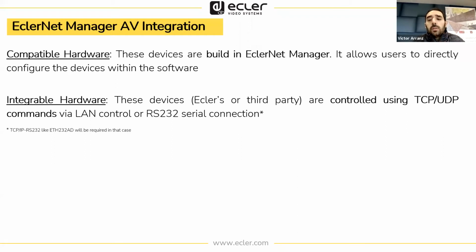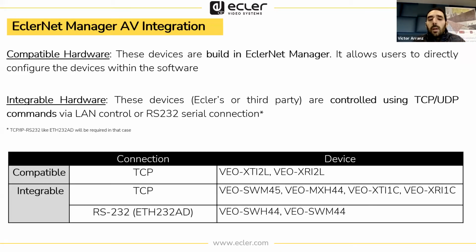On the other hand, integrable hardware are devices that can be controlled using EclerNet Manager but are not natively included in the software. We control them through TCP/UDP commands, but depending on the characteristics of the VEO device, we may need to use another protocol, in that case RS-232 serial commands.